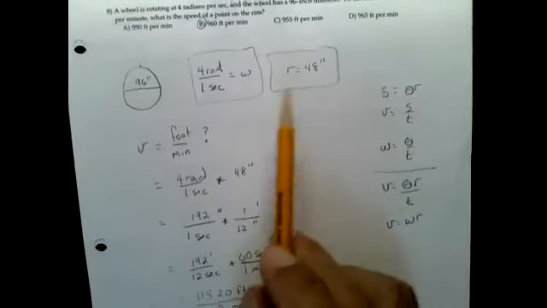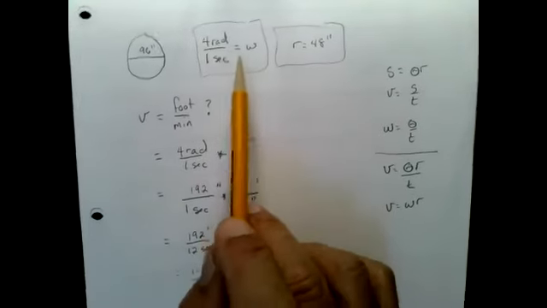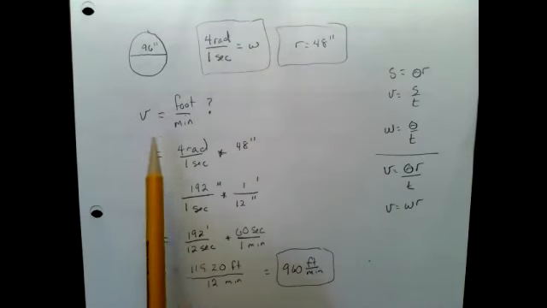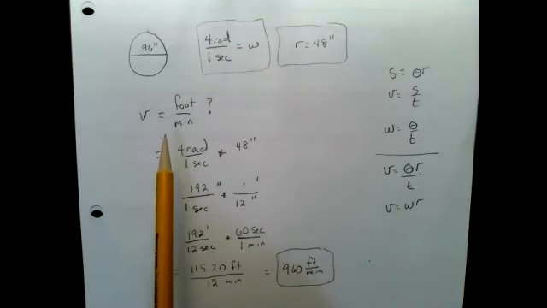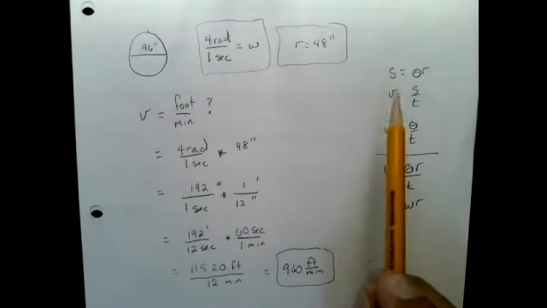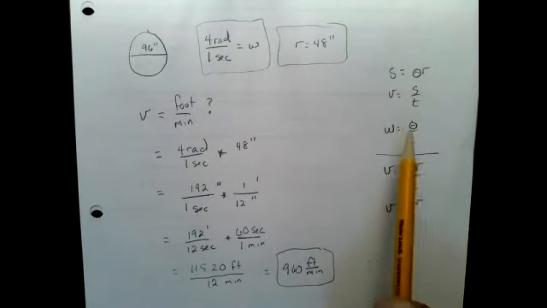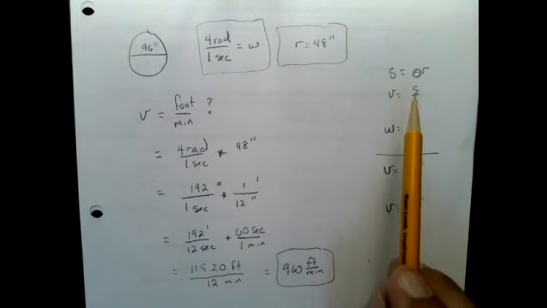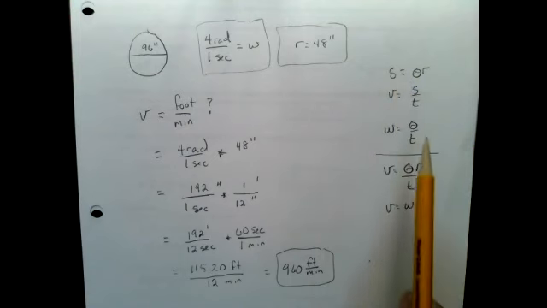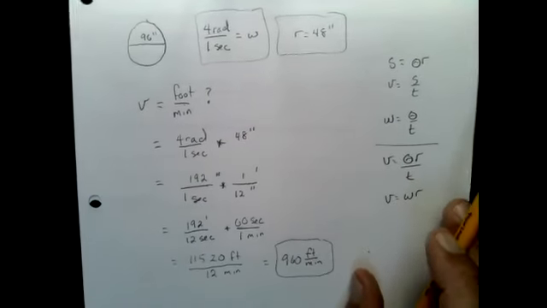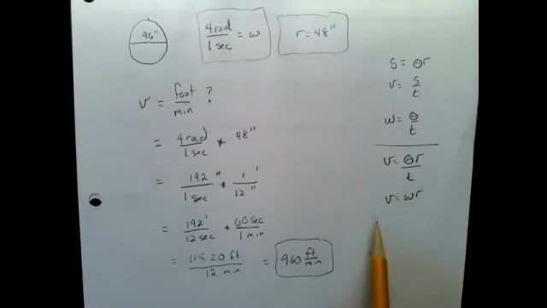I started writing down what I had from the problem, figured out what I needed to calculate. I had my formulas. I can remember these formulas. This one down here, I put theta R in for S, and then in terms of theta over T, I put W. And again, I could be memorizing linear speed equals angular speed times radius.